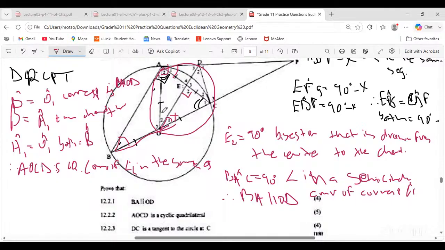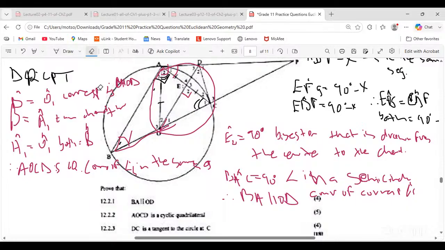This will be x as well. Let me rephrase that.